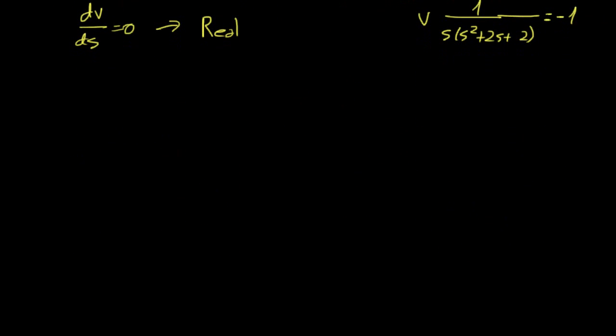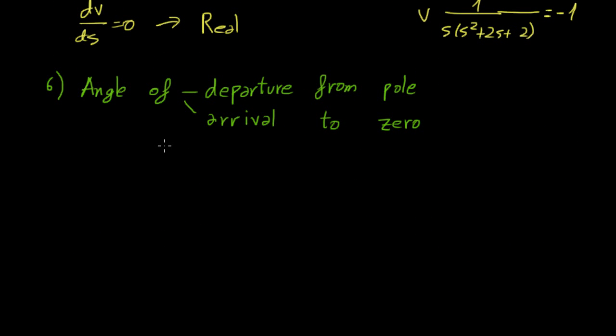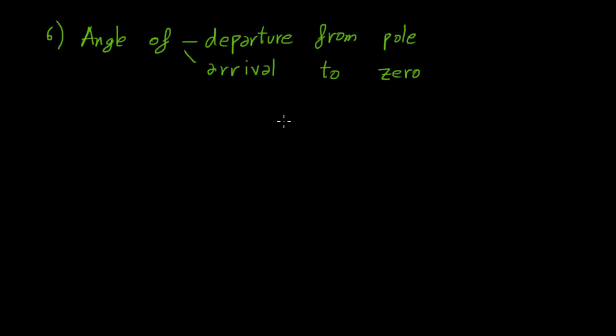Let's go with the final rule. Angle of departure from pole or arrival to 0. When f of s has poles or zeros which are complex conjugates, the root locus must arrive to them or leave them, and it does so according to certain angle, and the angle can be calculated using the following formulas.